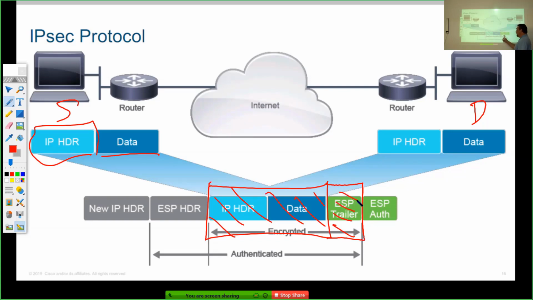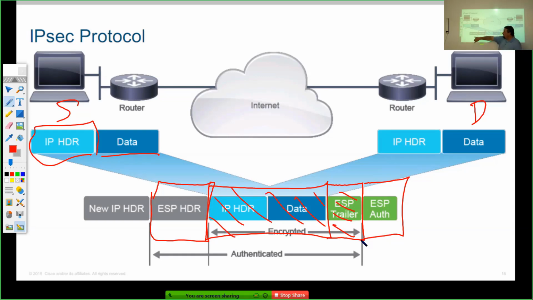The ESP trailer information allows us to specify, when it gets to the other end, how we do all this decryption. Okay? We eventually put an ESP header on the outside of this. We put on ESP authentication information, so we can validate this. Notice what's authenticated is the ESP header and all the encrypted data, in a hash value that we're utilizing.